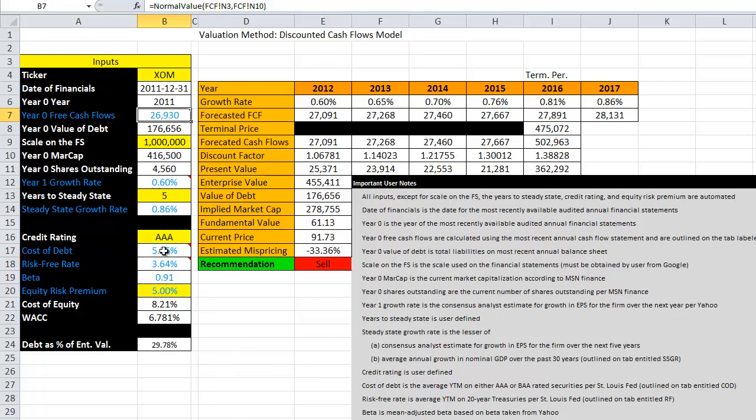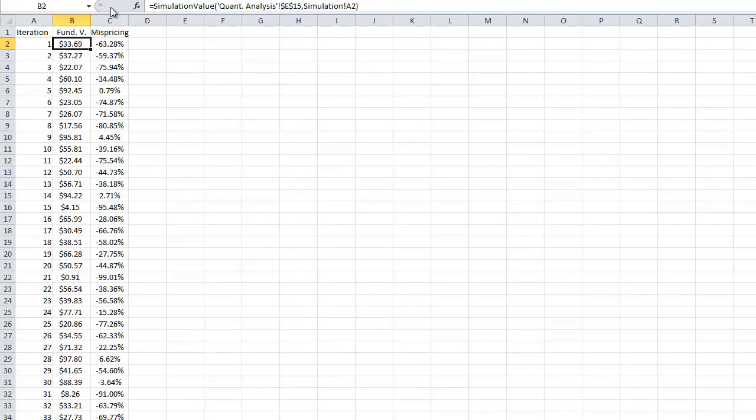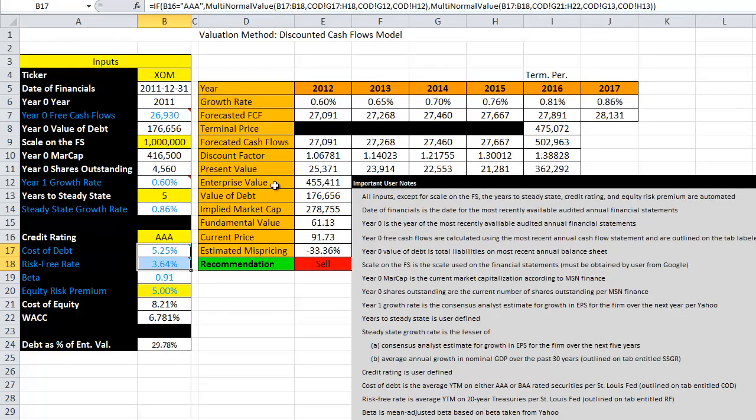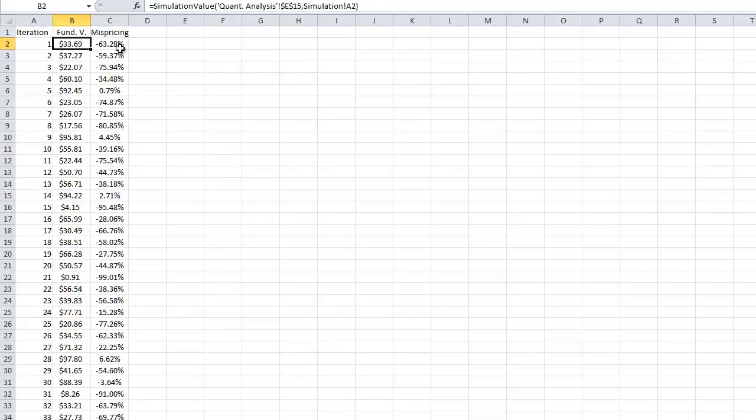So those three numbers got pulled from distributions, and when it ran that first iteration, it got a fundamental value of $33.69, which suggests that the current price of the stock is overpriced by 63.28%. But you can see it went through 500 iterations of this.